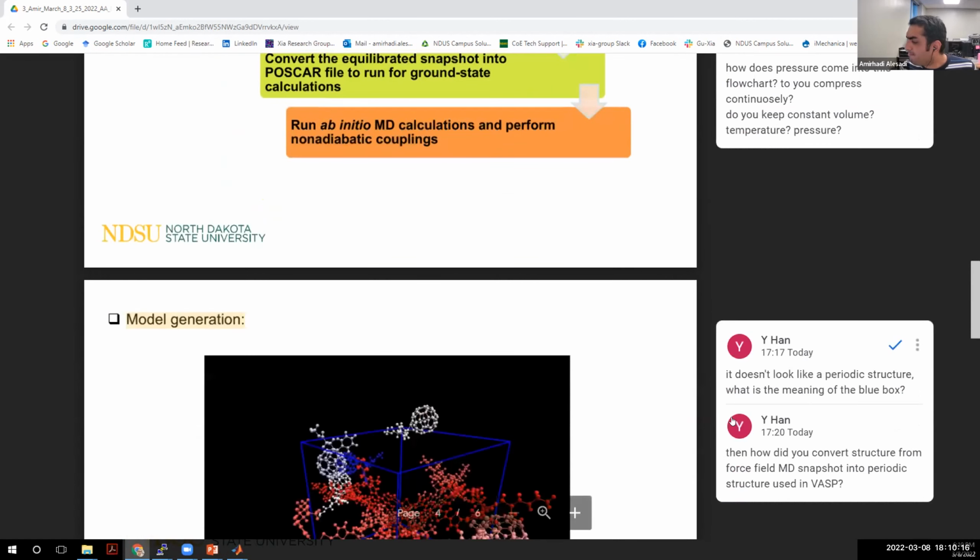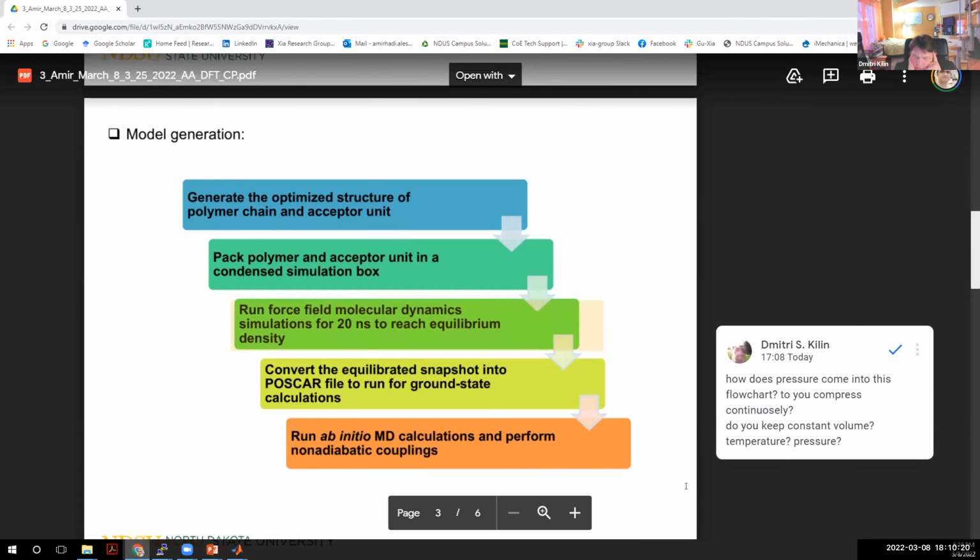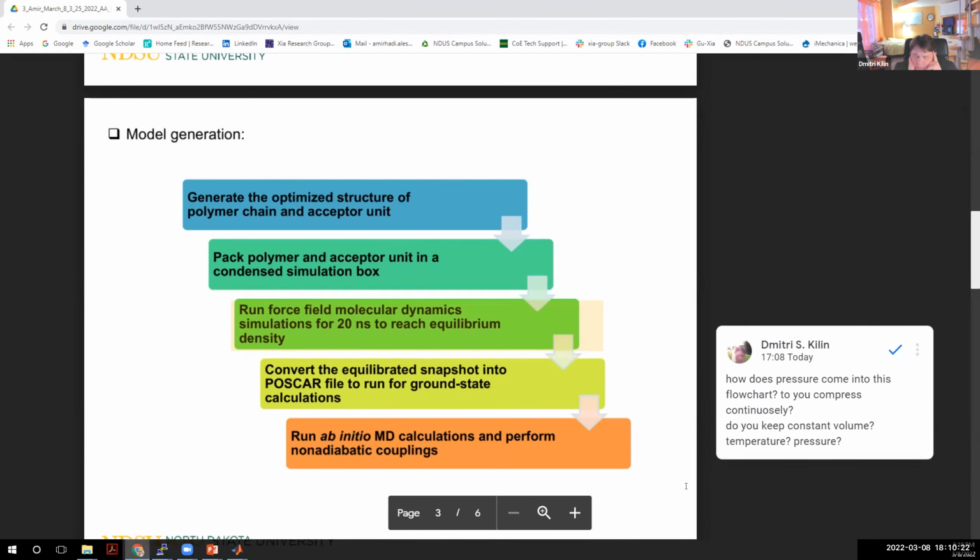Can we stay here a little longer? Your figures at the very end of the presentation look very convincing that the procedure is reliable, but I feel a little discomfort with how it is explained. Here in the middle box, you run force field molecular dynamics for 20 nanoseconds.